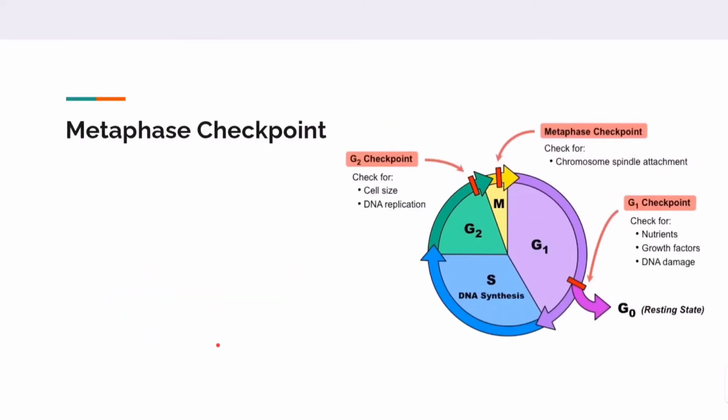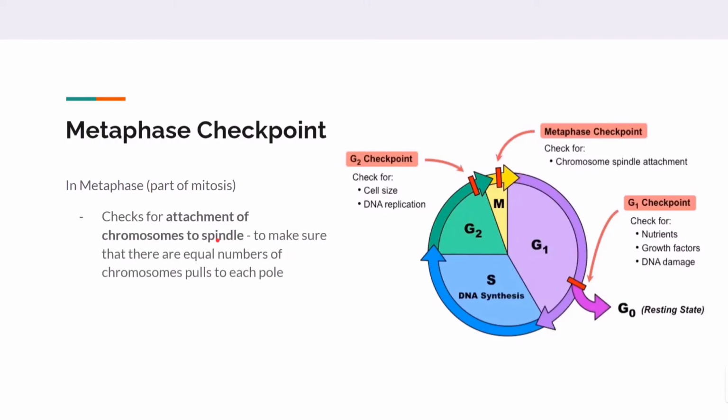And then there's the metaphase checkpoint, and this is in mitosis. So this is our metaphase stage in mitosis, and you can see that here. Our metaphase checkpoint checks for the attachment of chromosomes to spindles.